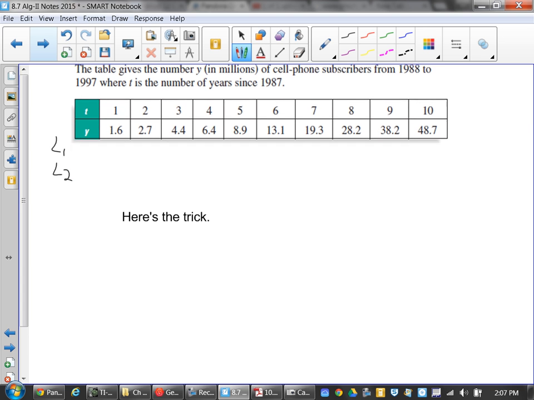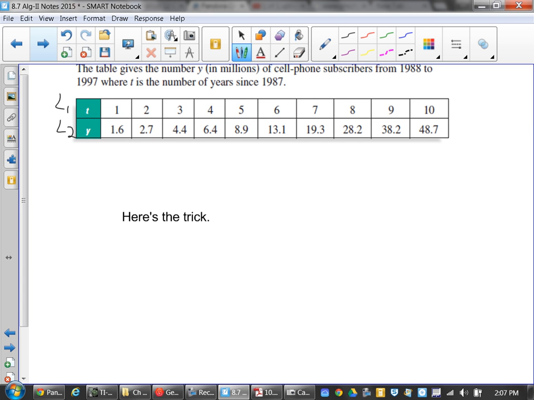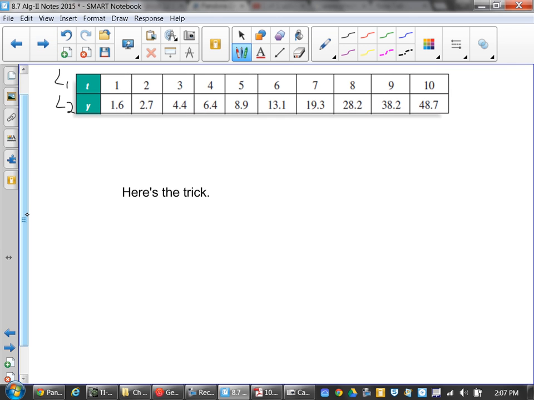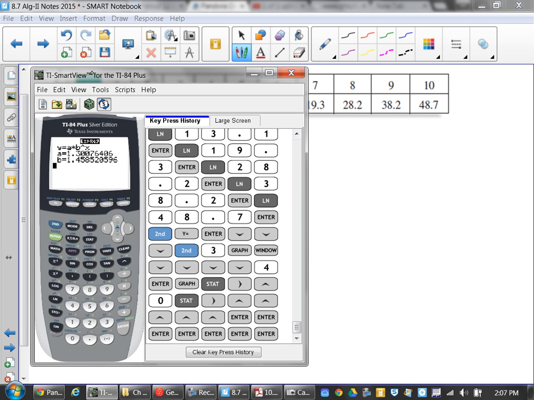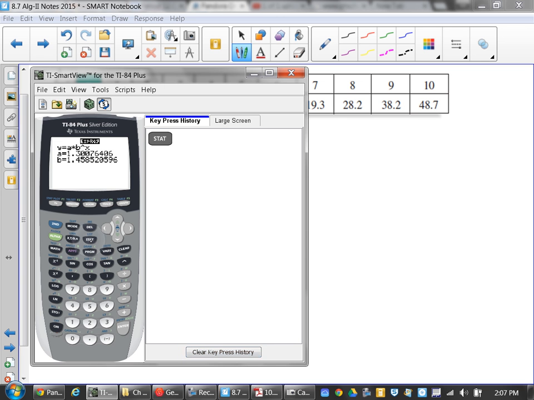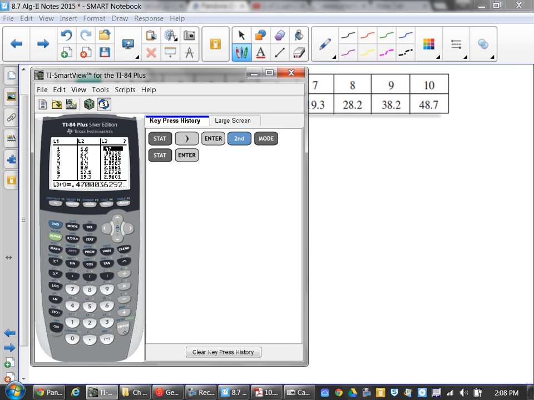I'll move this back up here in a second. Let's try to get the calculator out here as well to walk you through the same steps.